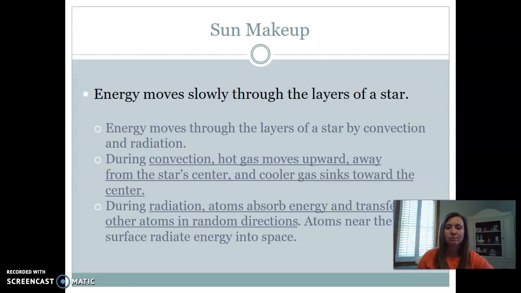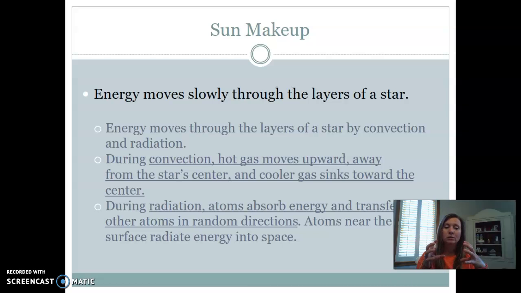So the sun's makeup. Let's talk about these inner zones of the sun. Once again, we have our convection zone and our radiation zone. Energy moves through the layers of a star by convection and radiation, two different types of thermal dynamics. Think of that core: it's fusing together hydrogen and helium.